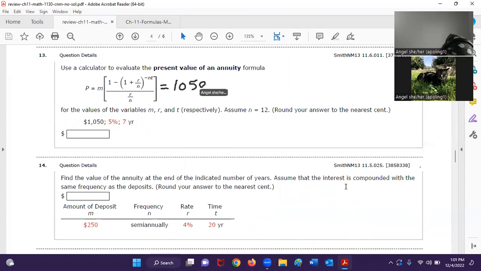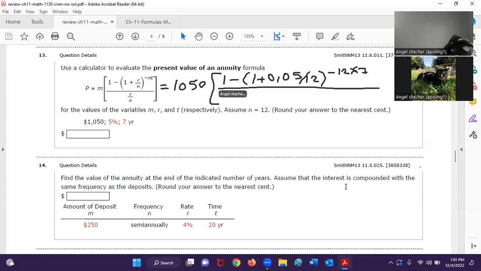1050, 1 minus, 1 plus, 0.05, divide by 12, raised to the negative 12 times 7. That's our numerator. Divide by 0.05, divide by 12. Stick that in your calculator.